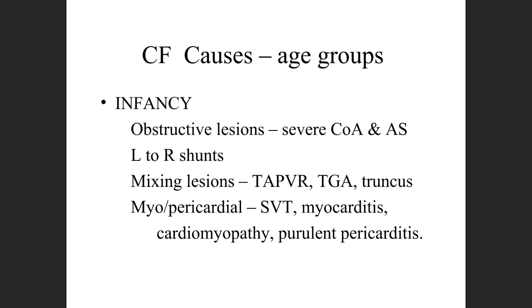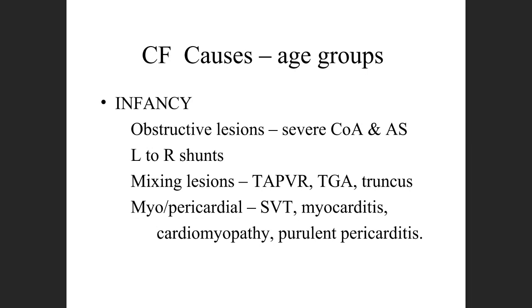And it is also seen in the left to right shunts, and also in the mixing lesions, by which we mean these patients are cyanosed, as well as in cardiac failure. And these lesions include total anomalous pulmonary venous return, transposition of the great arteries, and truncus arteriosus.